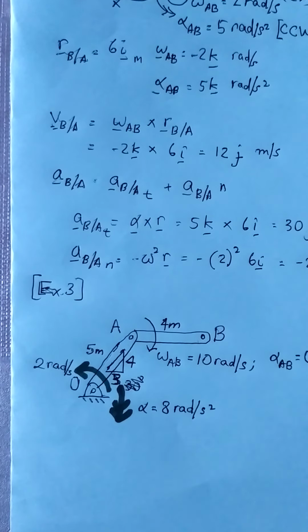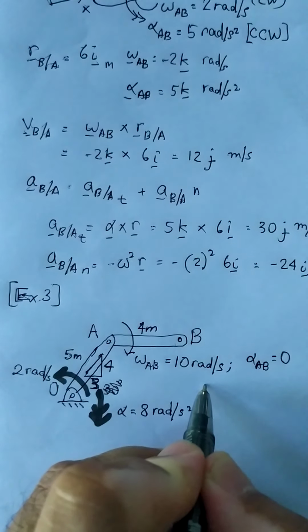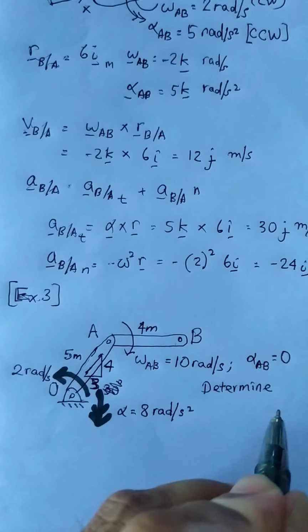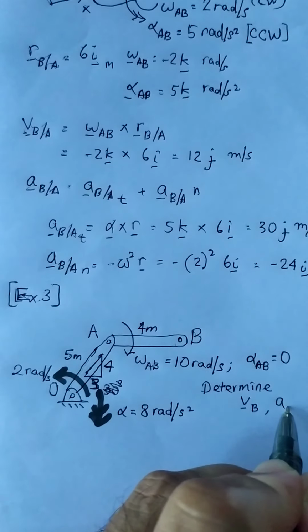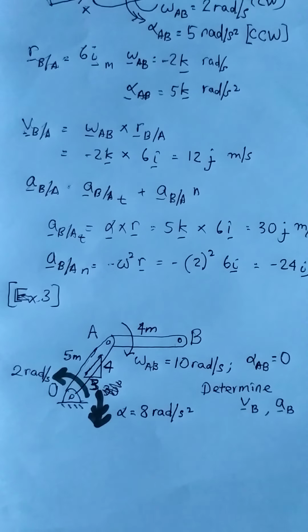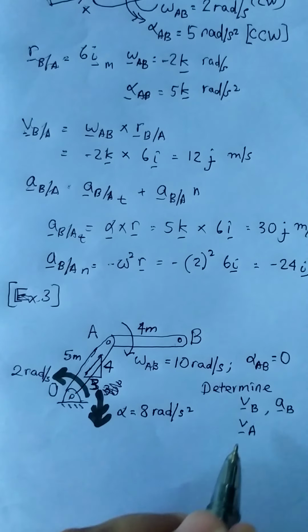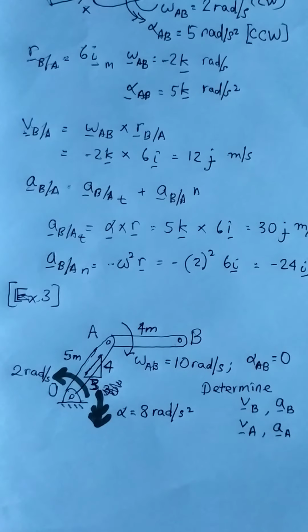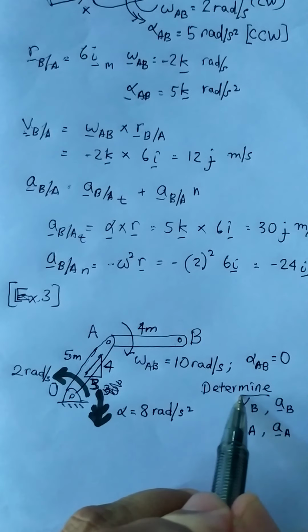And what is the question here? The question here is to determine the velocity of B and the acceleration of B, and also the velocity of A and the acceleration of A. So that would be the question for this example.